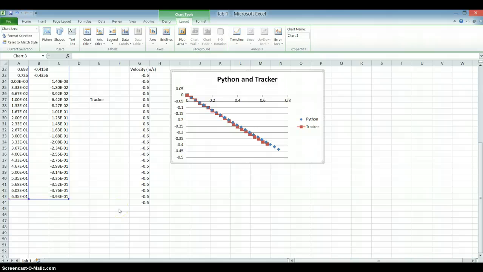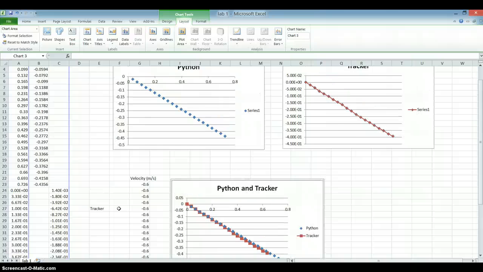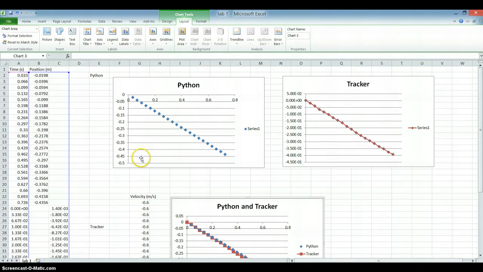But there are minor discrepancies, and I think Tracker is more realistic because Python is more robotic and sees the ball moving in a perfect straight motion with constant velocity, while Tracker accounts for the fact that the carpet is not perfectly flat or perfectly straight, so the ball at some points moves faster or slower.